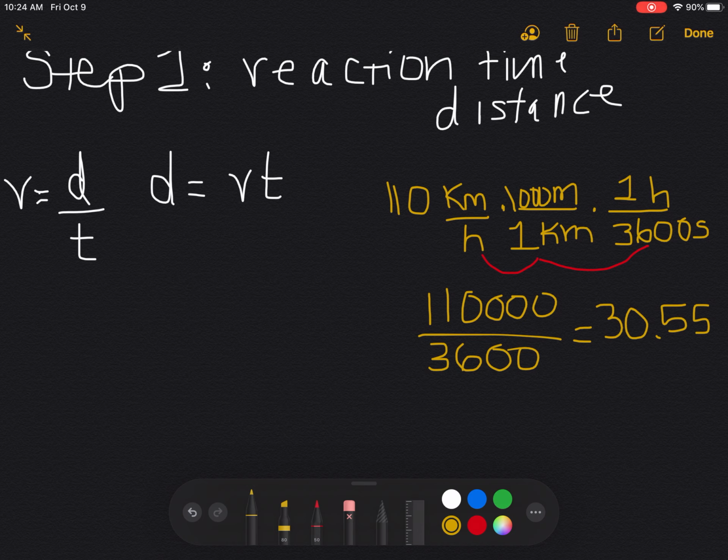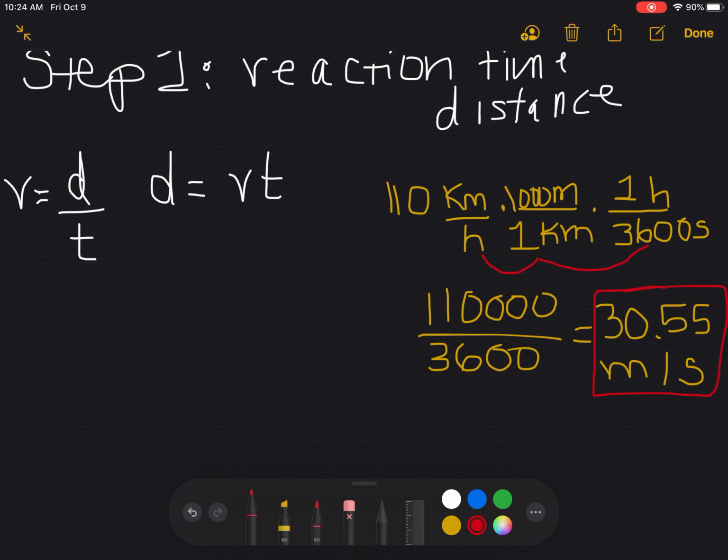This is in meters per second, okay? That is our velocity.